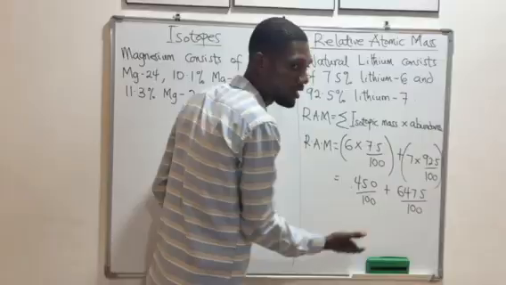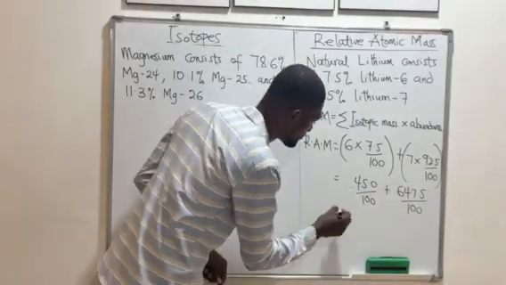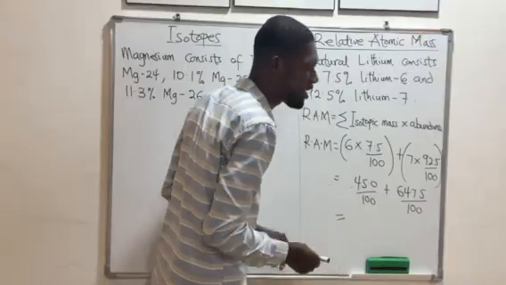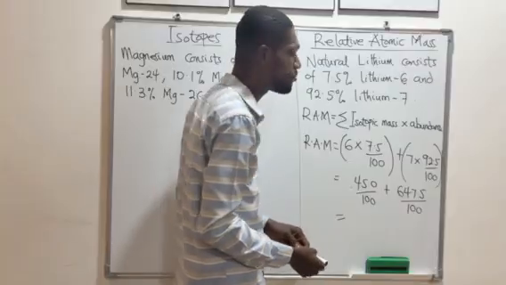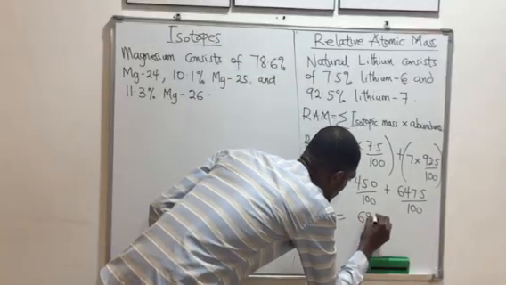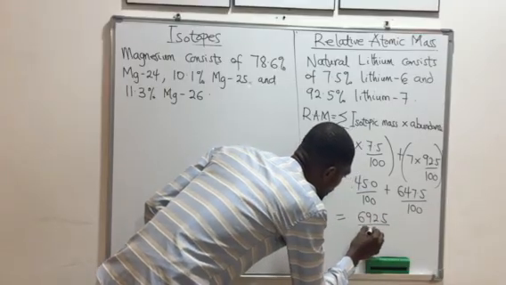Now, since the denominators are the same, we add the numerators. So we have 45.0 plus 647.5, and that gives us 692.5 over 100.